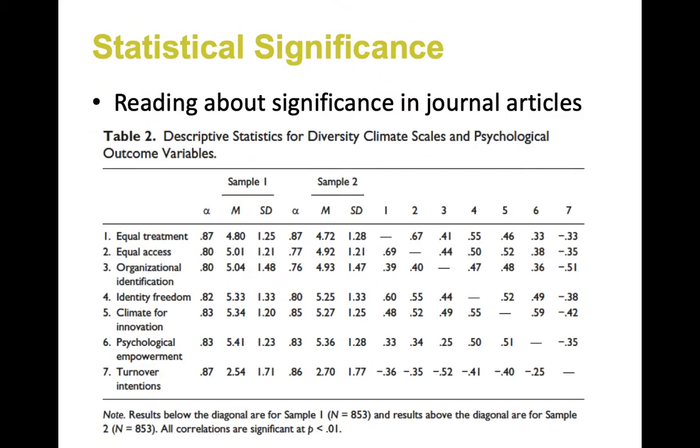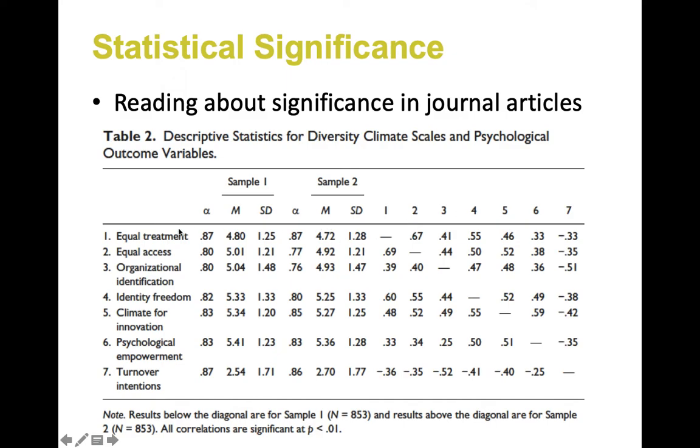When you read journal articles, it's very common to see something called a correlation matrix. The correlation matrix will have study variables in both rows and columns. And what you'll do to see the correlation between two variables is take a row and then go to the different columns.